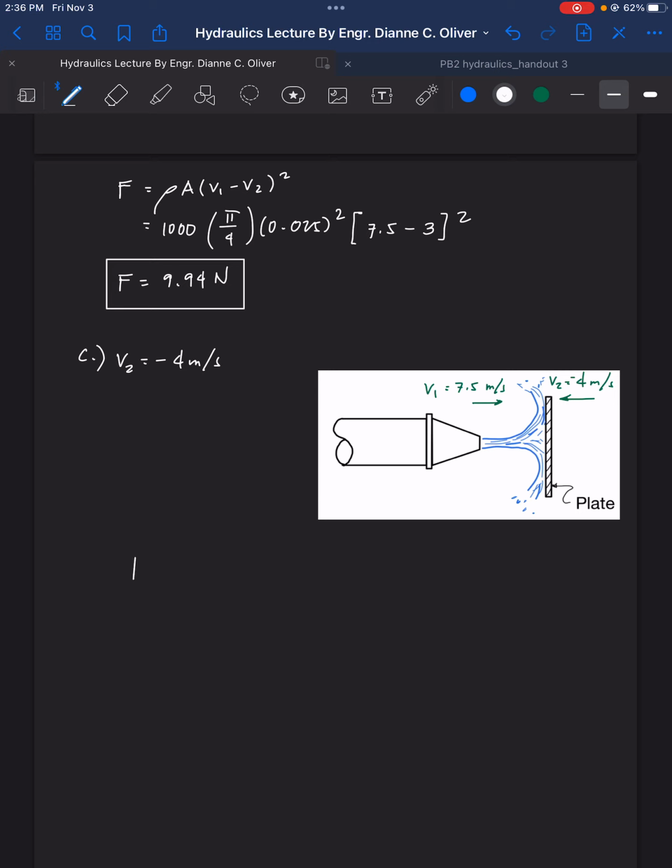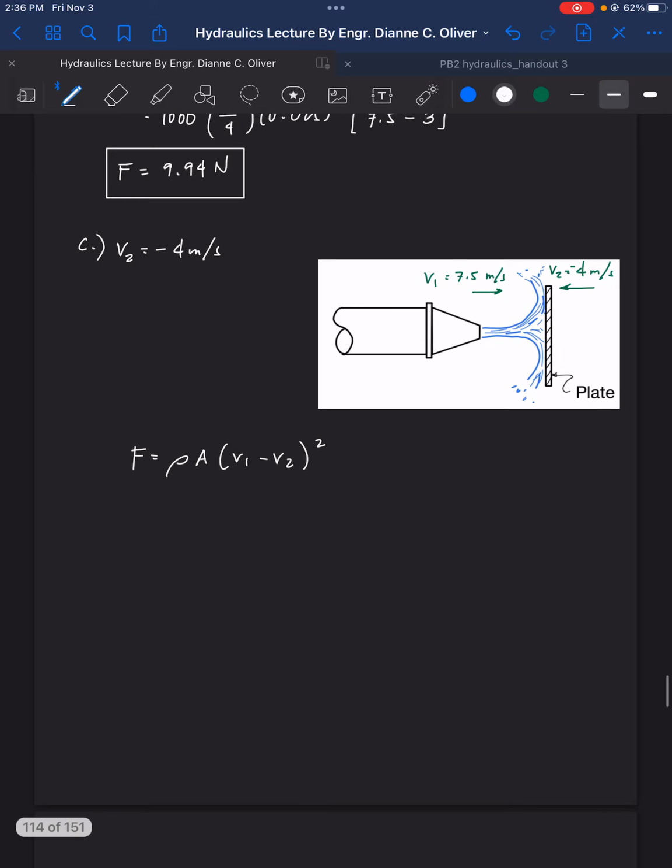And from our formula, F is equal to ρA (V1 − V2) squared. F now is equal to 1,000 times π over 4 times the diameter squared, then V1 of 7.5 minus negative 4 meter per second, squared.